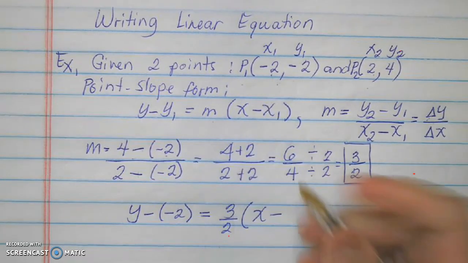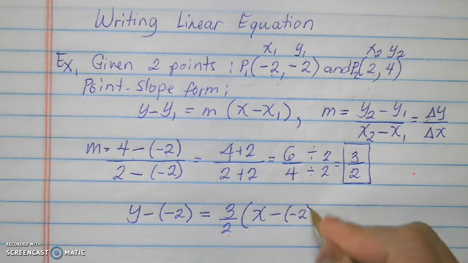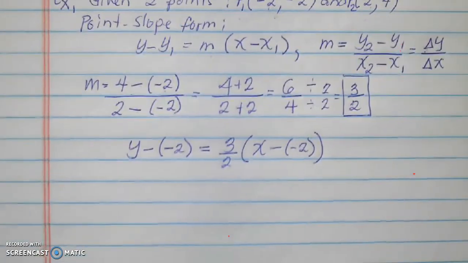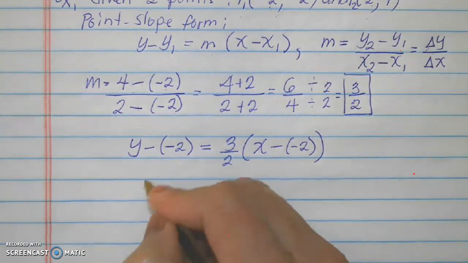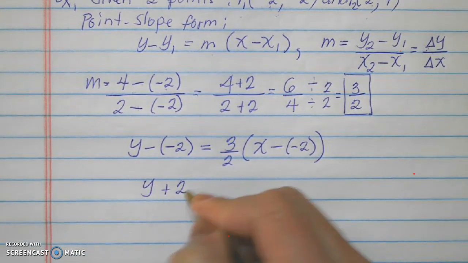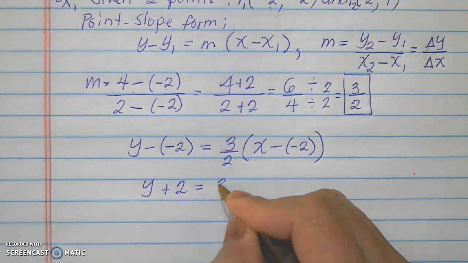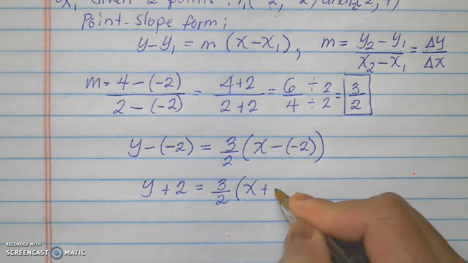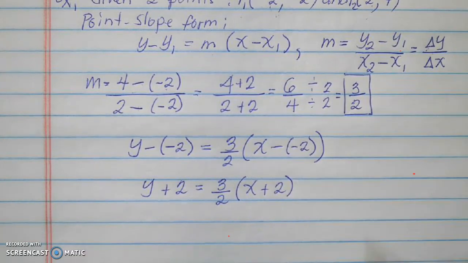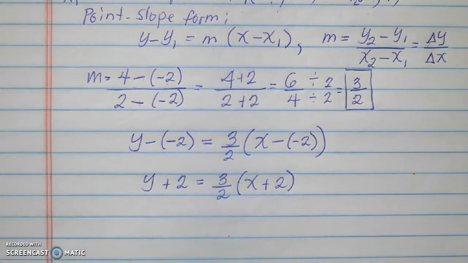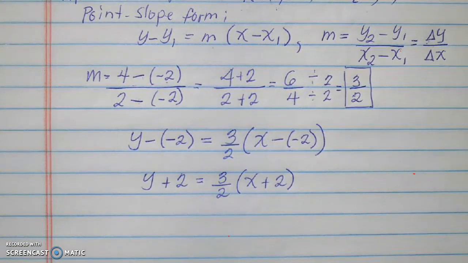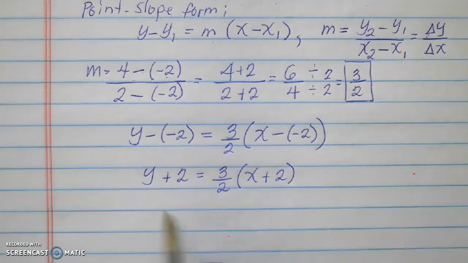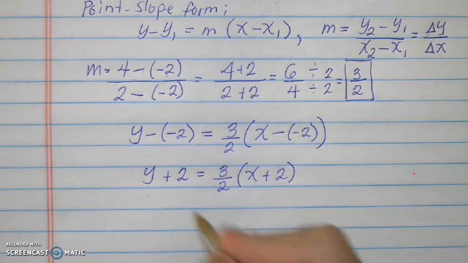And then that's negative 2 for your x1, in parentheses. So y plus 2 equals 3 over 2 times x plus 2. That is already considered an equation. But if we want to isolate the y and make it just y equals, then it would look like this.